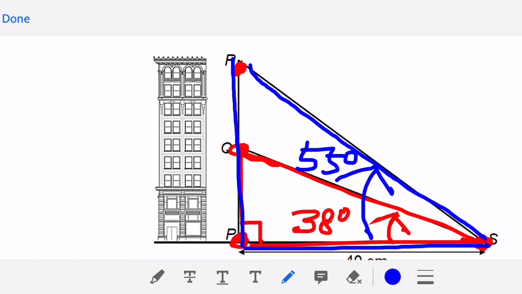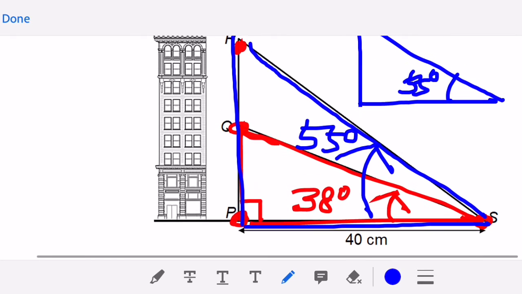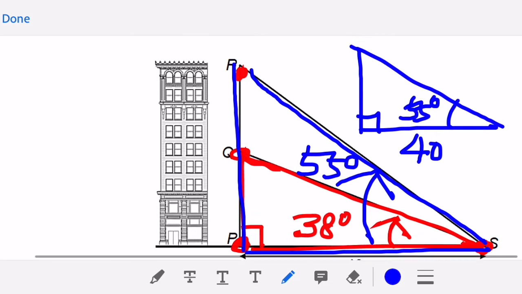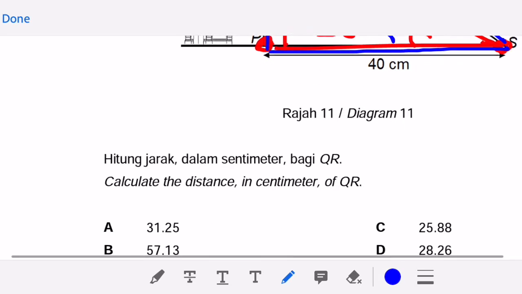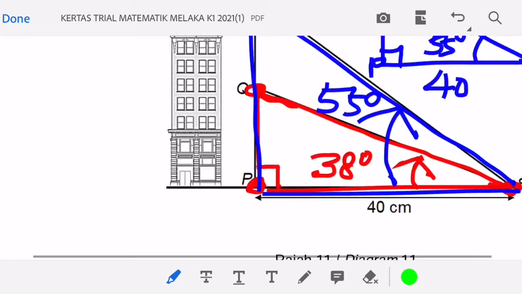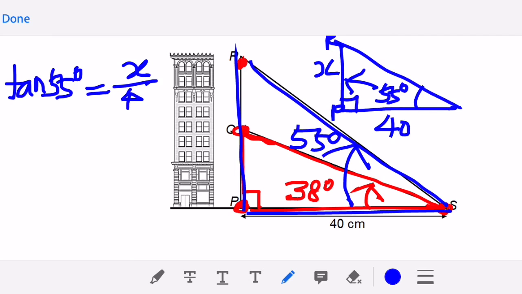One is the blue one. This is 55 degrees, and normally we write the horizontal 40 centimeters, so hence you can find the RP. This is X, let's say, because the question for sure asks you to find the distance in centimeters for QR. We always use tangent: tangent 55 is equal to X over 40.